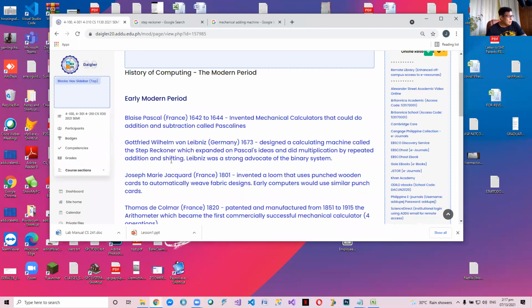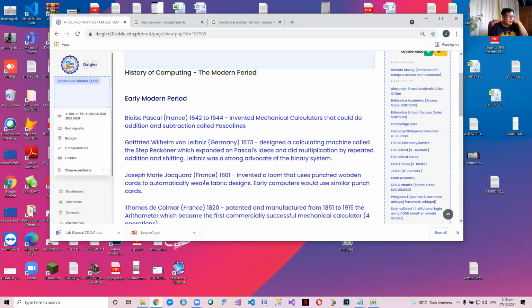So that's why Leibniz was a strong advocate of the binary system, because for an adding machine or a calculating machine, it's much easier to design using the binary system. Do you follow? Most computers nowadays, all computers nowadays, are binary. Wala nang computer ngayon na decimal. Do you follow? Any questions so far?